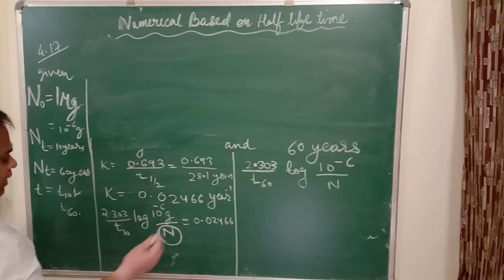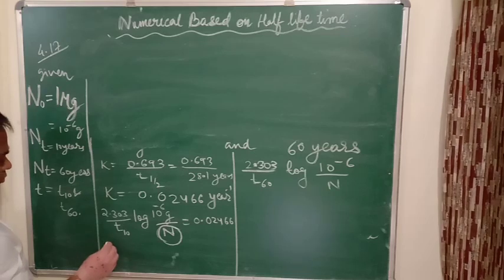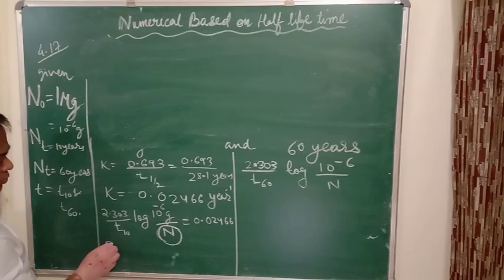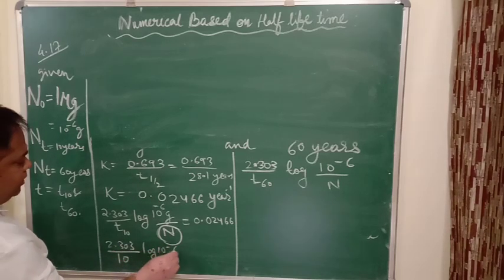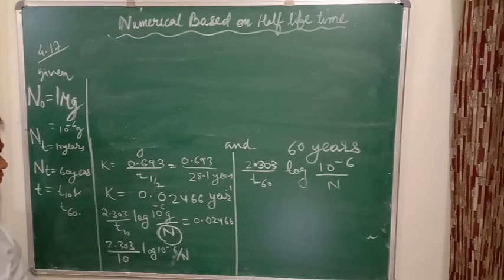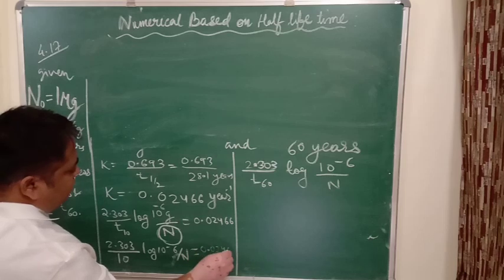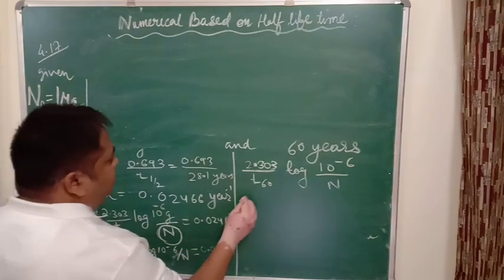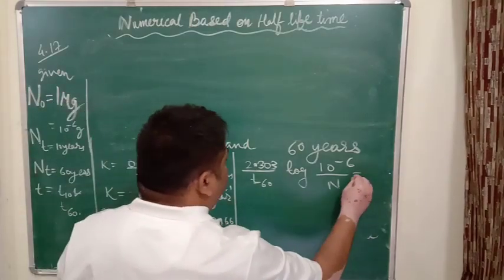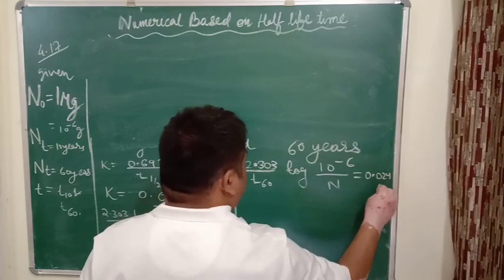So all the terms we can take to that side: 2.303 by 10 log 10 to the power minus 6 by N equals 0.02466, and the same for the 60-year case.